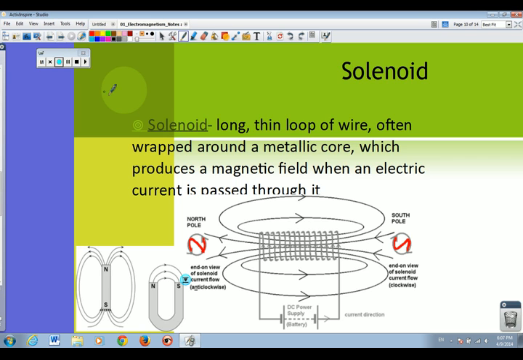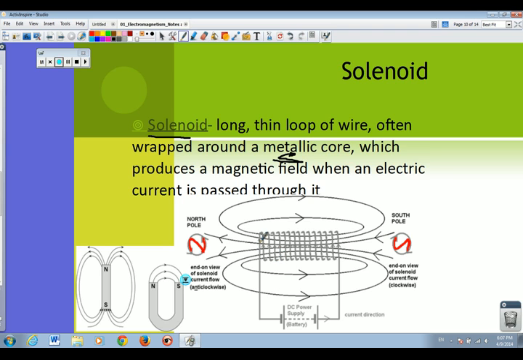How is this used? Well, there's something called a solenoid. A solenoid is simply a long, thin loop of wire. You loop this wire a whole lot, 10 times, 1,000 times, and you wrap it around some type of metallic core.